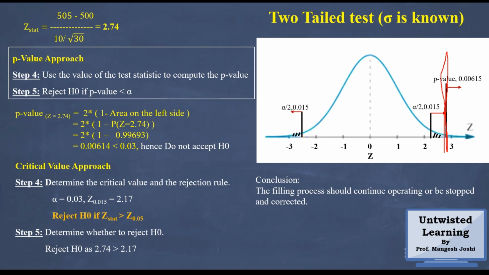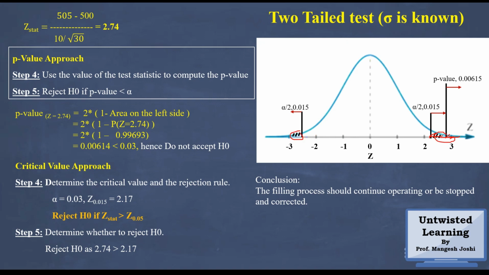Now if you calculate the p-value using the table, you will get the complete area on the left side, but you are interested in calculating the area on the right side, right? So that's why it is 1 minus the area on the left side, but after doing so, it will give you only this much area. But since it is a two-tailed test, we have to multiply it by 2 because half is here and half is here.